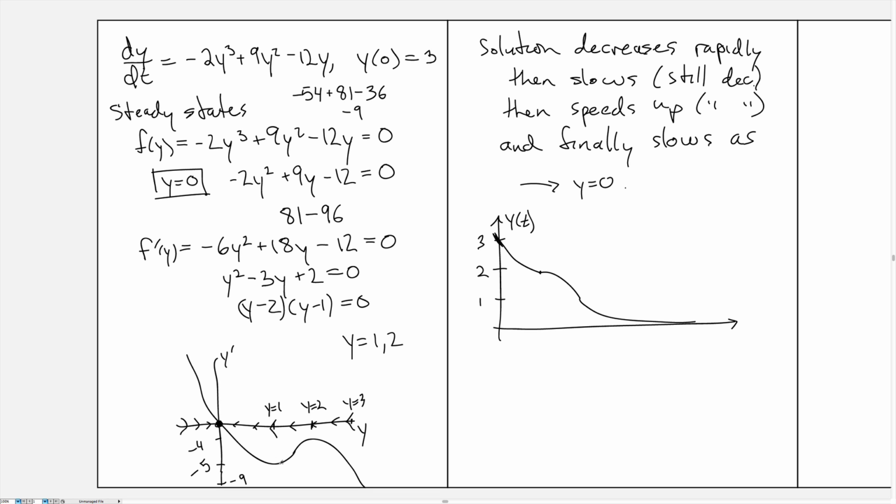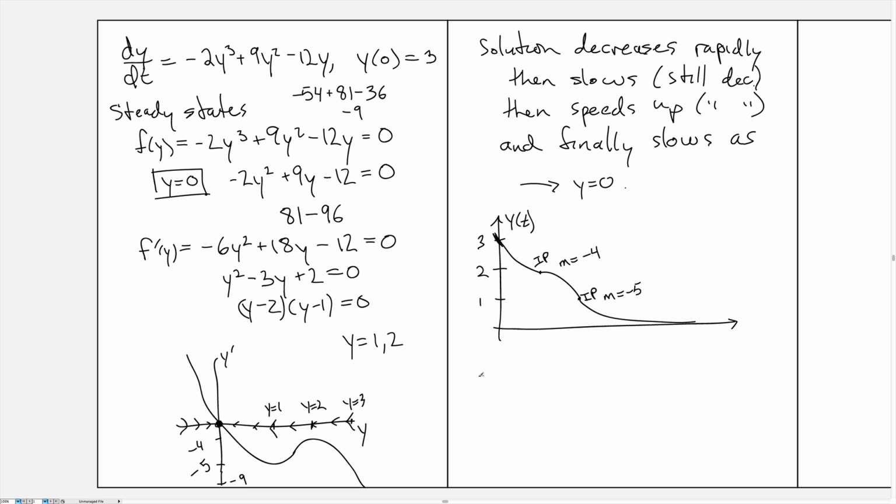And then at y=1 we have another switch where the slope is increasing, or steepening in the negative direction, till it hits its most negative slope, and then it comes back up again. And that's what happens after this point here where y is equal to 1. So we have an inflection point here and an inflection point here. And the slope at this point should be m equal -4, and here it should be m equal -5. And then it mellows out to 0 as we approach the steady state at 0.